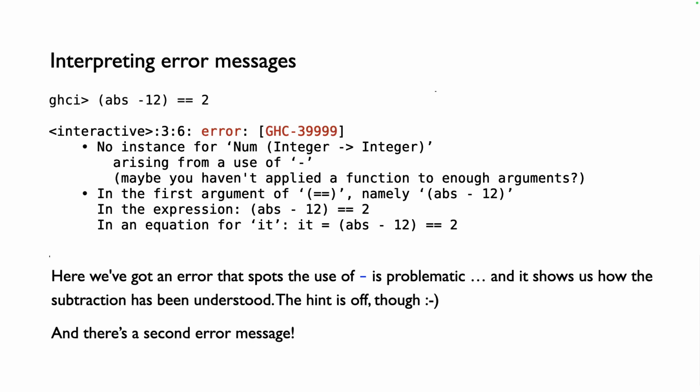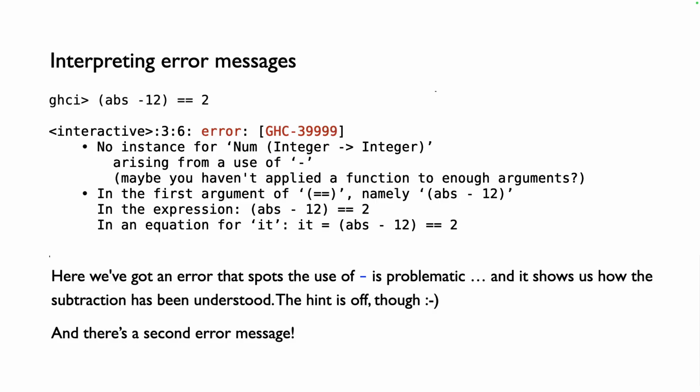Now, if you look, it's giving details in a second bullet point. It's saying where this problem is. It's the first argument of equals, that's abs -12, in the expression abs -12 is equal to 2. So it's saying there is this thing that's wrong, and it's printing out abs -12.